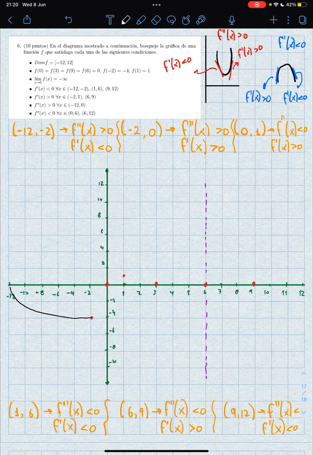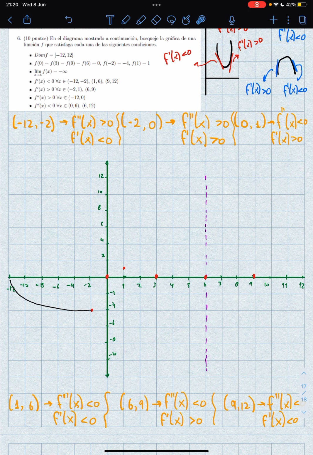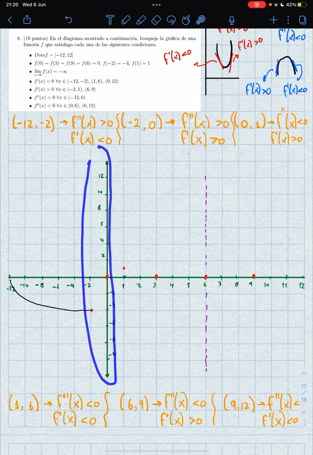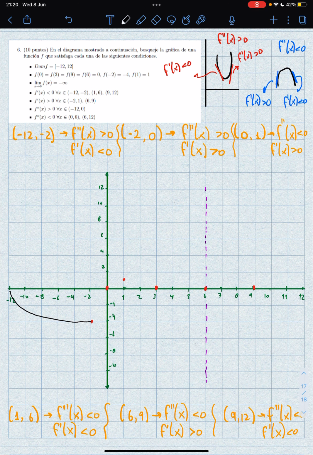Now we covered this interval from -12 to -2. Then it tells us -2 to 0. I'm here, -2 to 0 in this case. We still have a minimum, right? But here the first derivative is gonna be greater than 0.